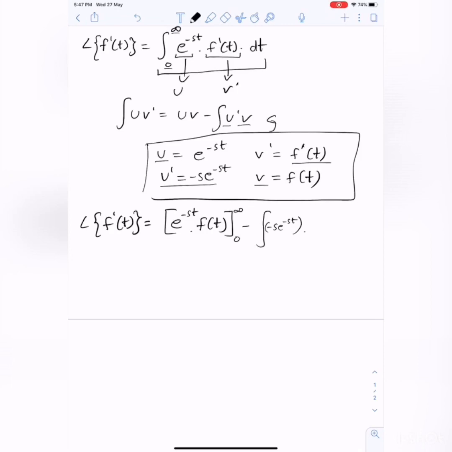V is again the antiderivative, it's nothing but f(t) dt. Again the limits would be 0 to infinity.